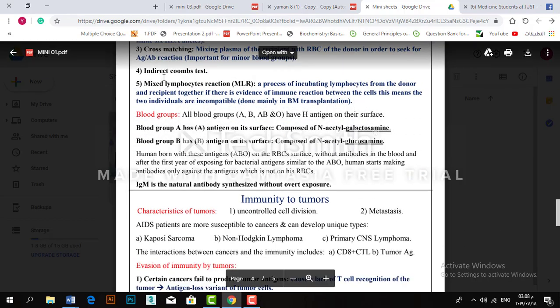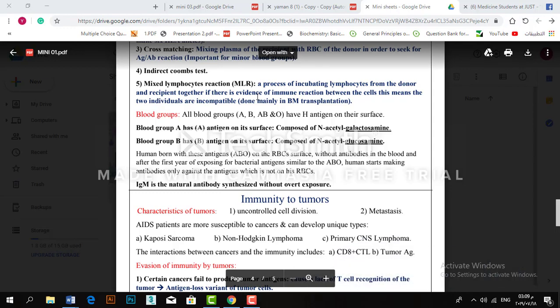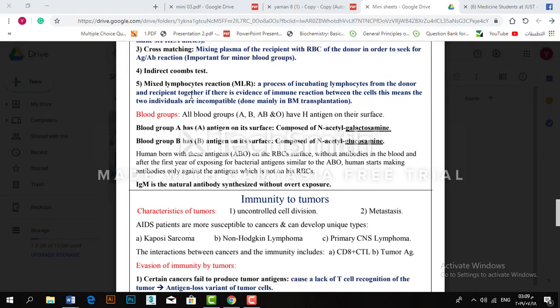Indirect Coombs test. Then we have mixed lymphocyte reaction, MLR, which is a process of incubating lymphocytes from the donor and recipient together. Then we mix them. If there is an immune reaction between the cells, this means the two individuals are incompatible. So it is done mainly in bone marrow transplantation.